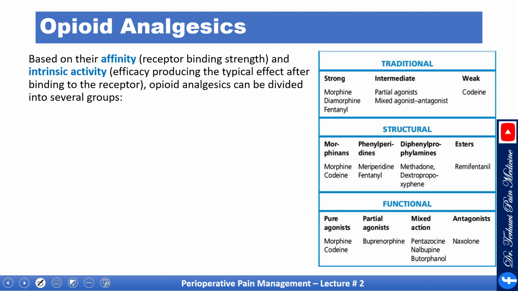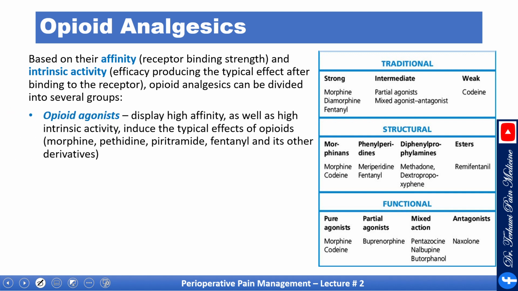Now, based on their affinity, which is receptor binding strength, and intrinsic activity, which is efficacy in producing the typical effect after binding to the receptor, opioids can be divided into several groups.